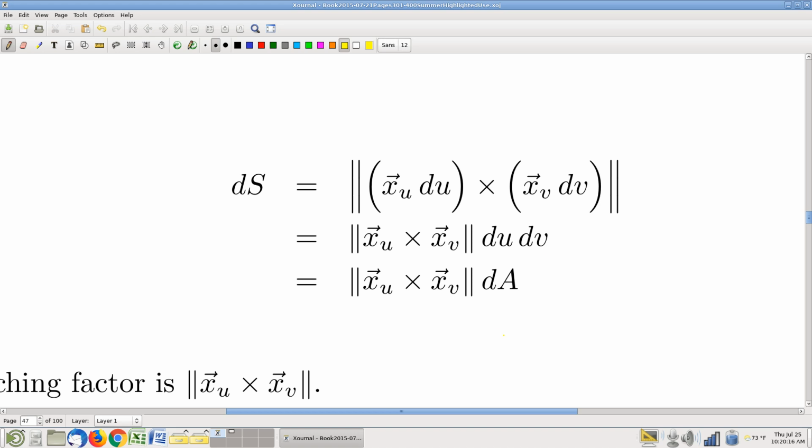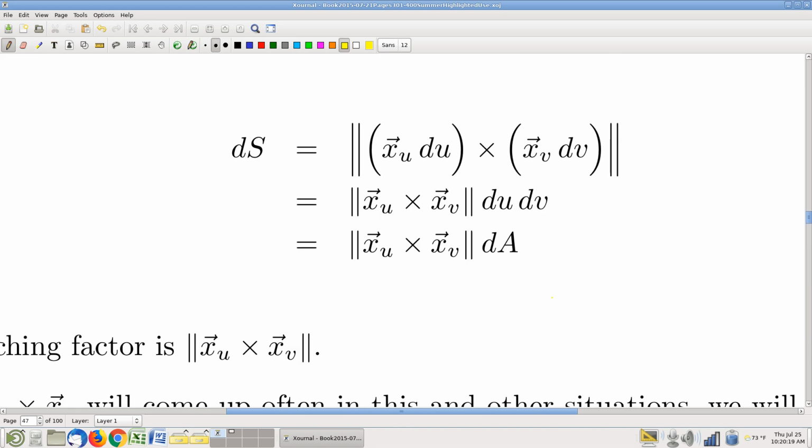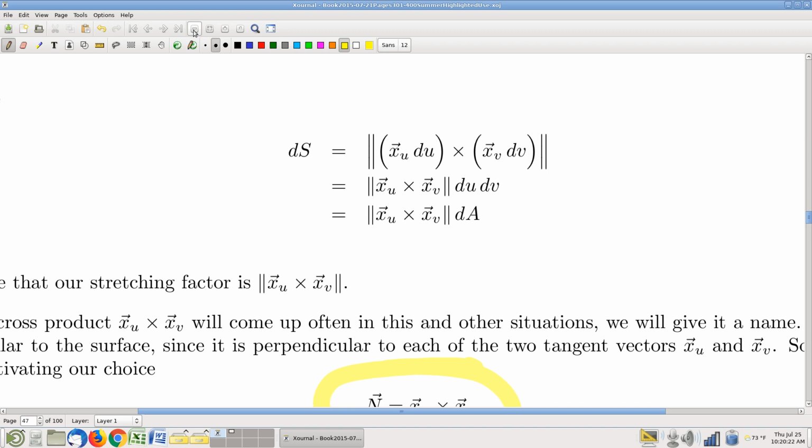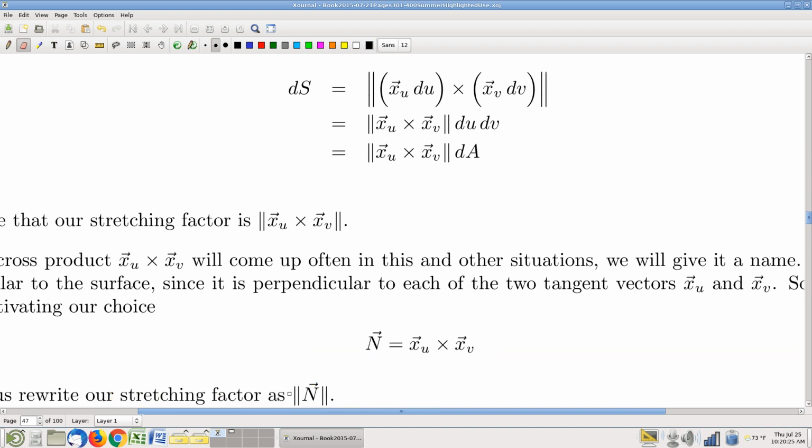Okay, so we're all set. Here, a little bit of notation before we celebrate. This vector here is very useful. This vector is going to come up a lot. Let me use orange for this. This vector xu cross xv. That vector comes up so often. Has such nice features. We're going to give it a name. We're going to call that capital N. I emphasize capital N. The capital N in this class is going to be our indication that this is not just some random normal vector.